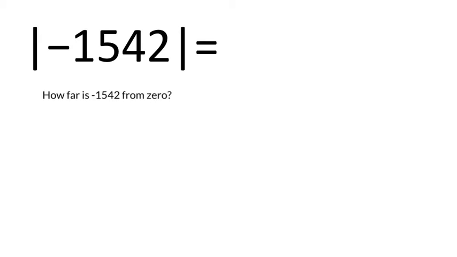Well, it's to the left of 0, but it's still a positive value. It is exactly 1,542 units from 0. So again, that comes out as positives. And as of right now, we don't have calculators here that you could put absolute values into. There are some that do, we just don't have any here in class.